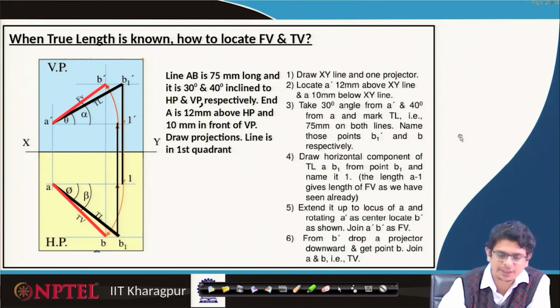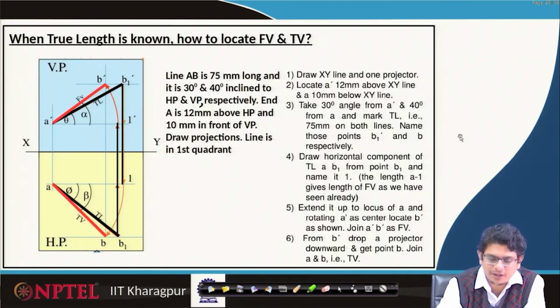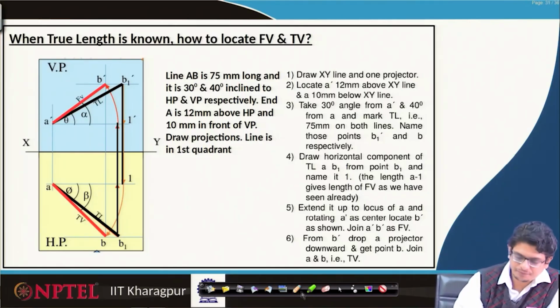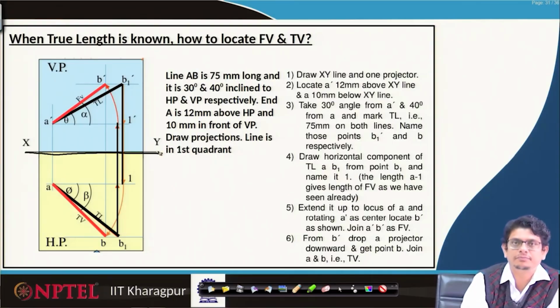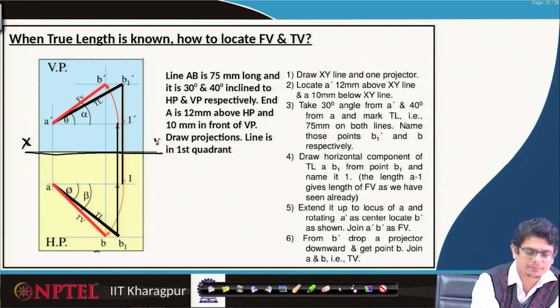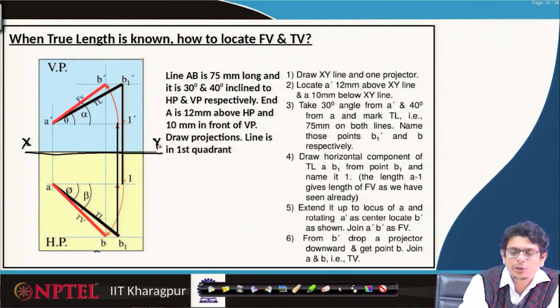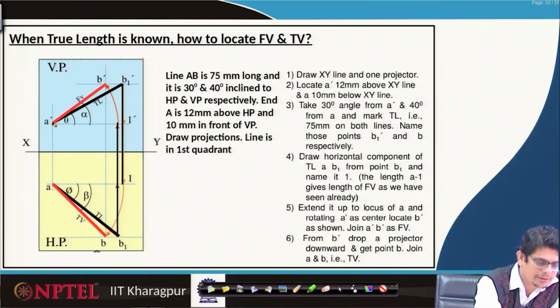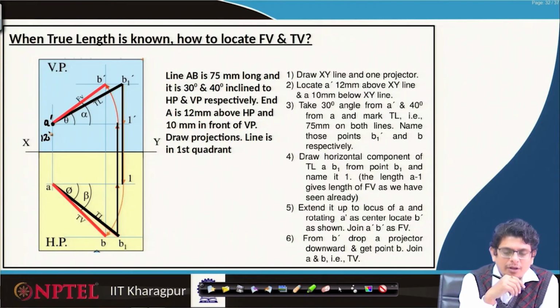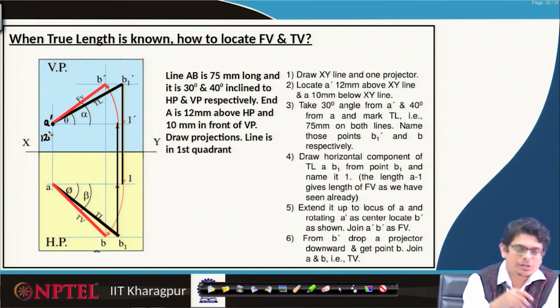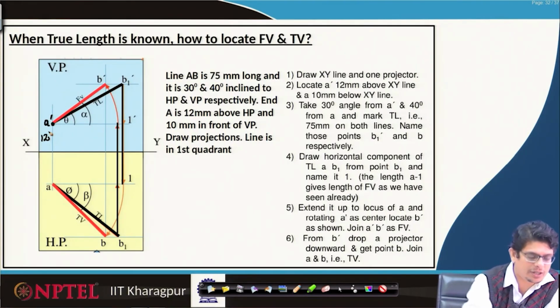Let us look at the solution. First of all, we have to draw xy line. Let us draw this xy line. Then locate 12 mm above xy line. For A prime, we are locating 12 mm and 10 mm below xy line also, because we are going to rotate that horizontal projection.